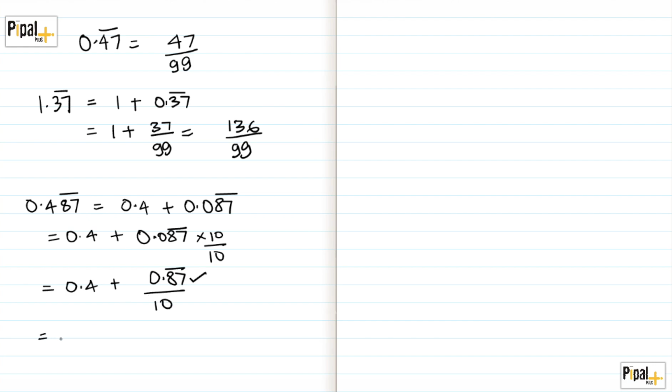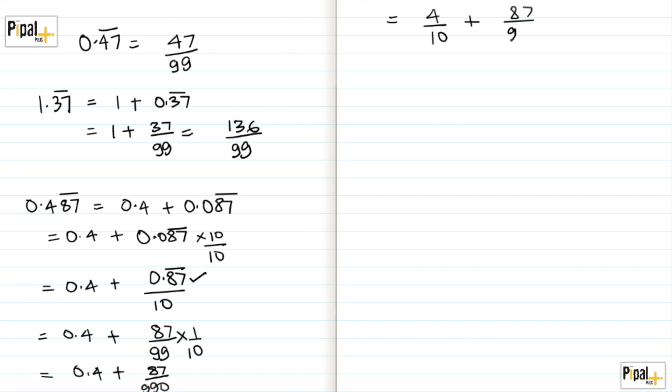So this becomes 0.4 plus 0.87 repetition of 87, which gives me 87 by 99, right? And this 10 comes here, so I get 0.4 plus 87 by 990, right? I can do this 4 upon 10 and end up with a mixed fraction, so this becomes 4 by 10 plus 87 by 990.